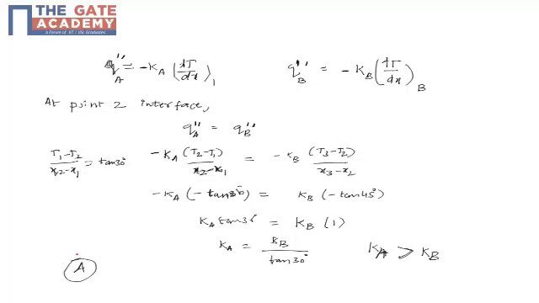Now before this, if you don't want to do all this maths and you want to get to the answer directly, you should understand that an insulator has a very low thermal conductivity, and there's a steep change.